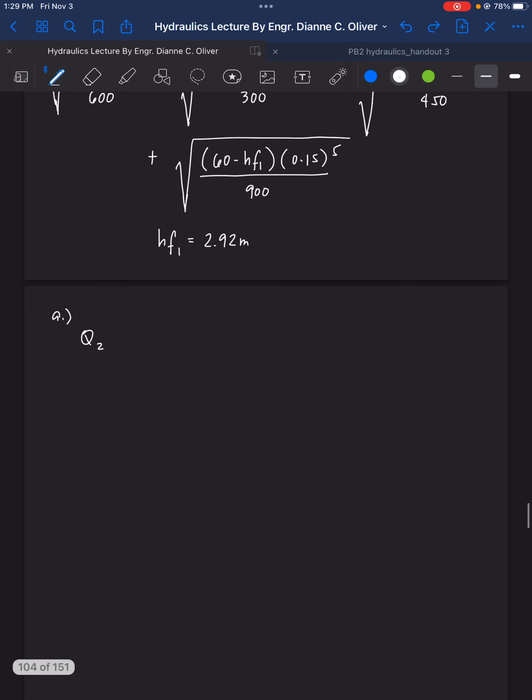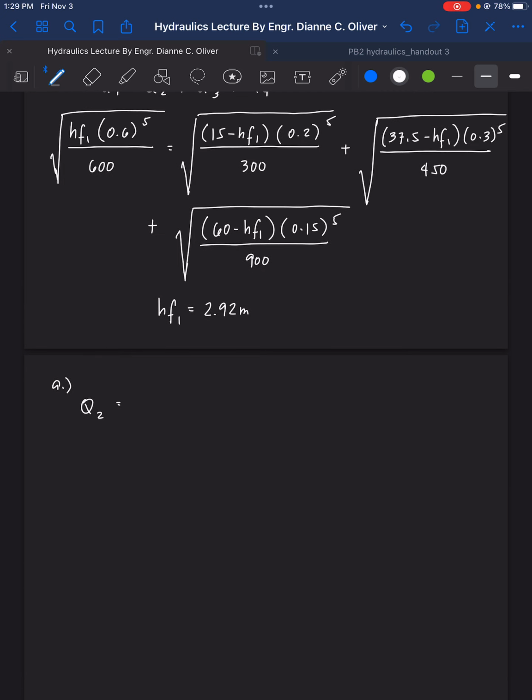Okay, so that is equal to the square root of (15 minus 2.92 times 0.2 raised to 5) all over (0.0826 times f times L). F is 0.02, L is 300.